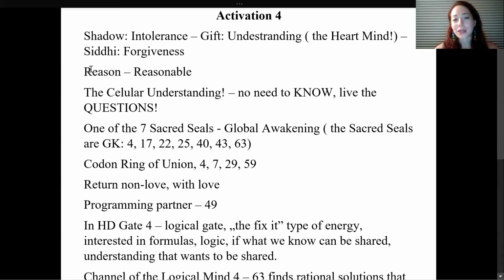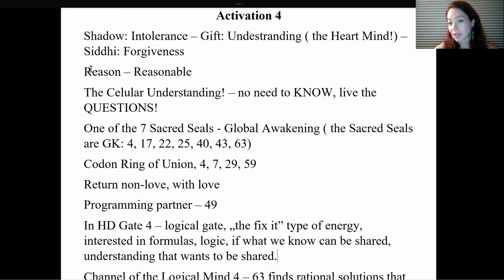I think many times people having activation 4 try to find reasons, and they try to find reasons because these explanations that they find, or the reasons they find for different behaviors, make them seem reasonable, or make them seem in a way more easy to get, or easy to understand other people.